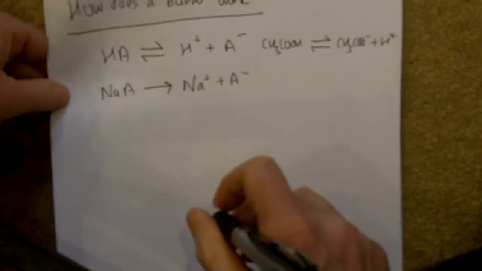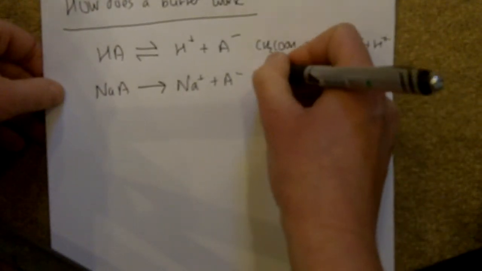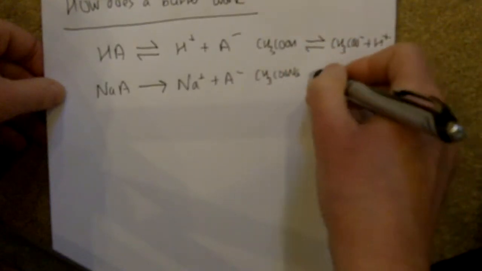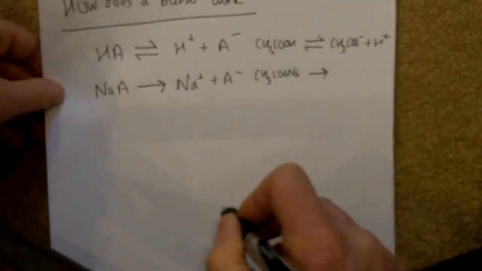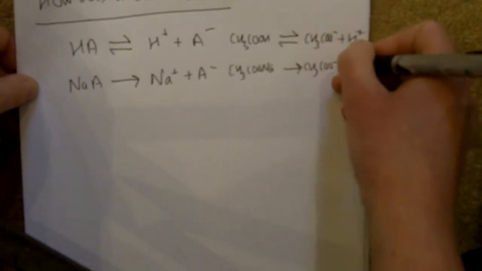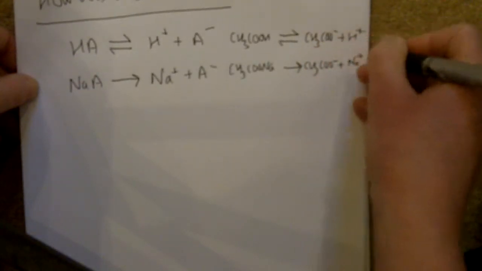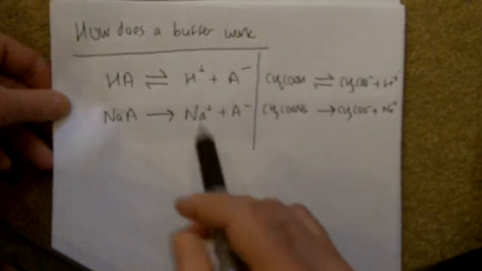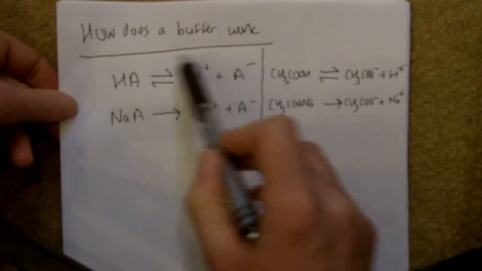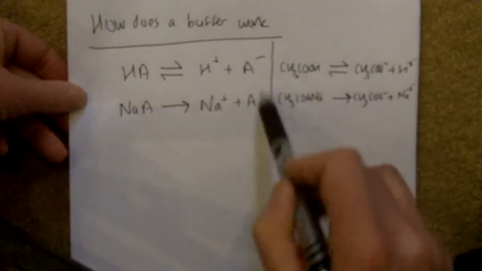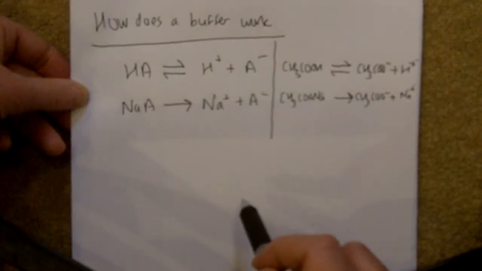And then if you take the salt, CH3COONa, that will fully dissociate into ions, CH3COO minus plus Na plus. Okay, so that's just an example. So this is how a buffer works. You've got weak acid which partially dissociates and a salt which fully dissociates. And there's an example with ethanoic acid.